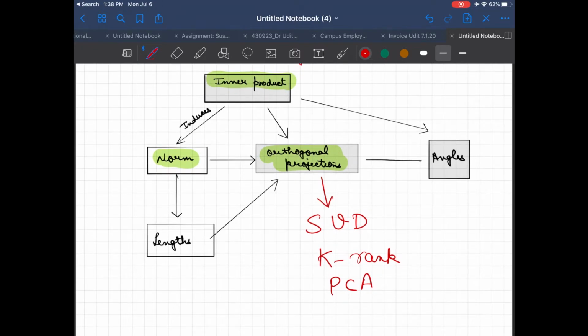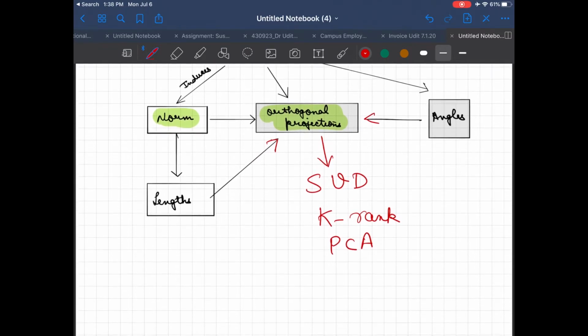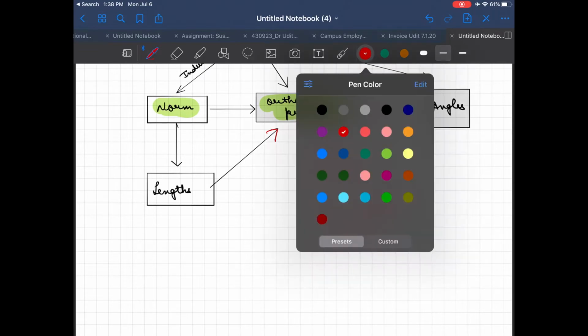Moreover, whenever we are talking about projections, we have to account for the angles that exist between various vectors, and also we have to measure the length of projections and how much loss we are incurring when we are projecting one vector into a lower dimensional space. Now with that, we will go forward and quickly get started.